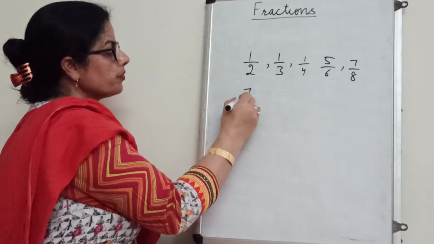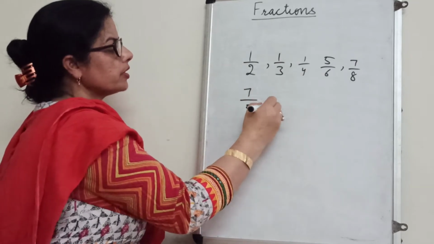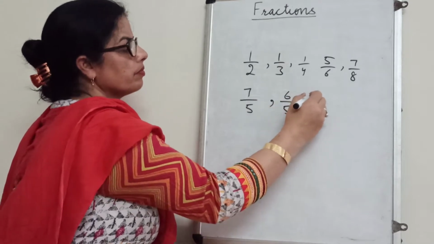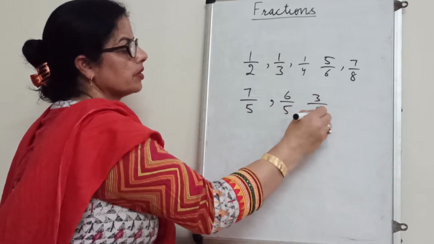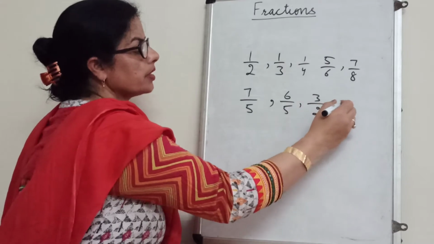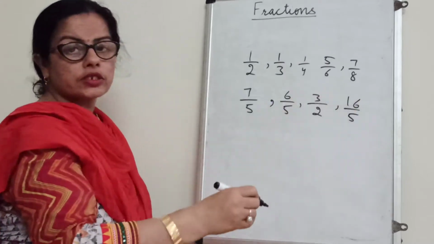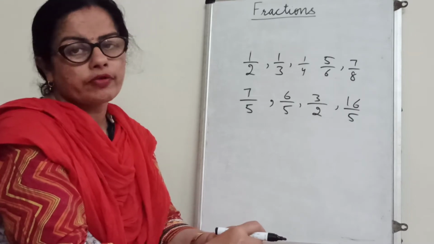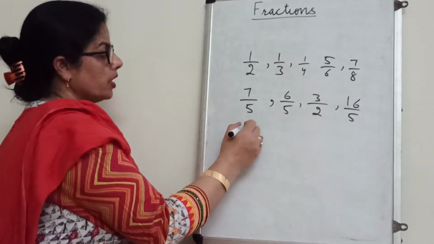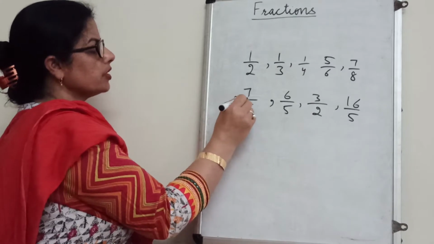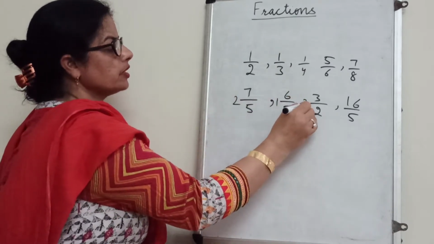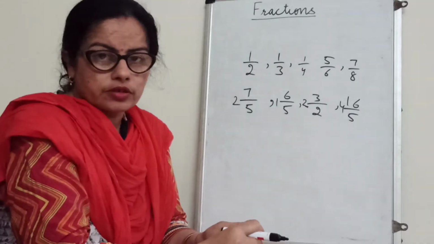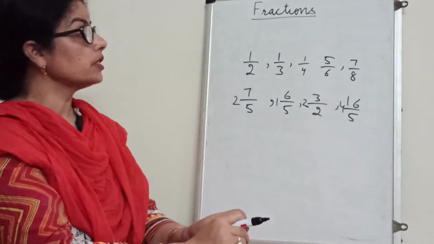If the numerator is greater than the denominator, then we say these are improper fractions. And if a whole number is also with them, then we will say these are mixed fractions. You have already studied about these.